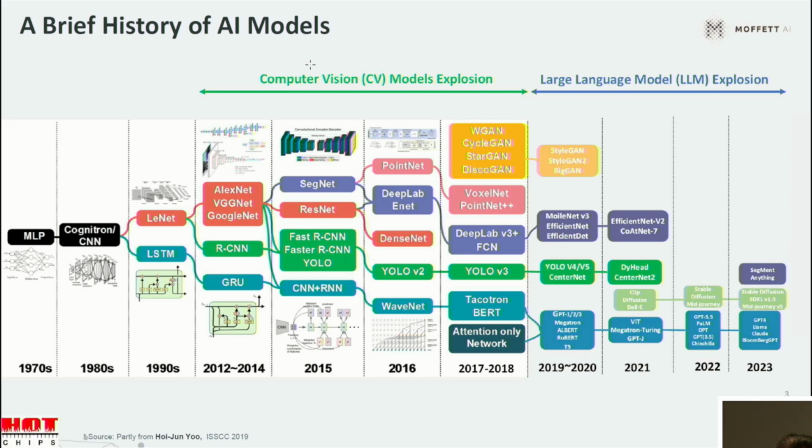There are actually two periods of outbreak of AI models. The first period, as we all know, starts from 2012 to 2018, and the second is 2018 to 2023. The first period is about computer vision.